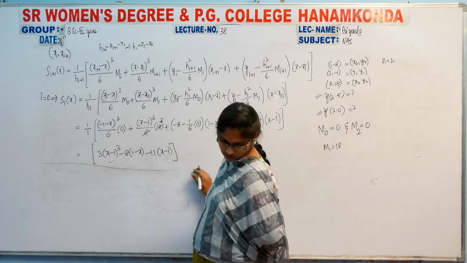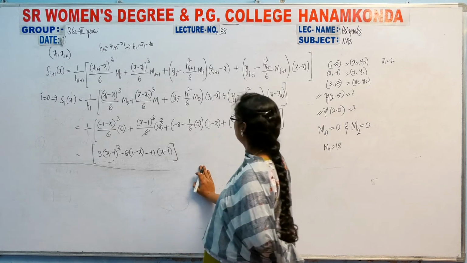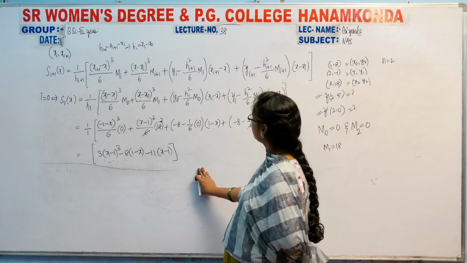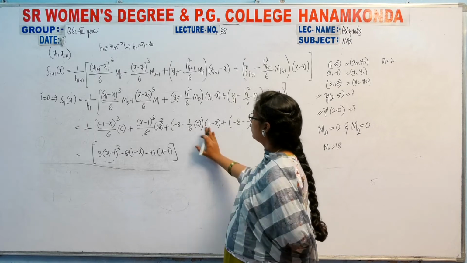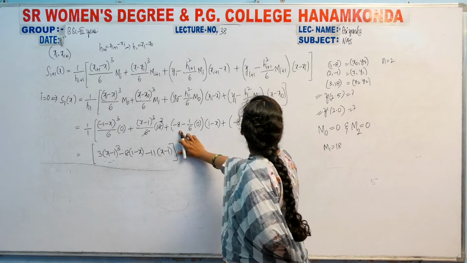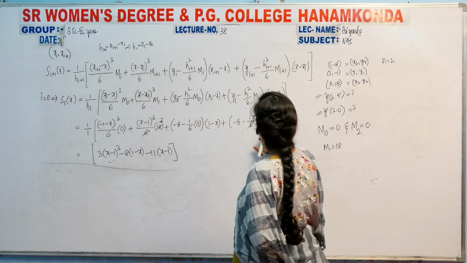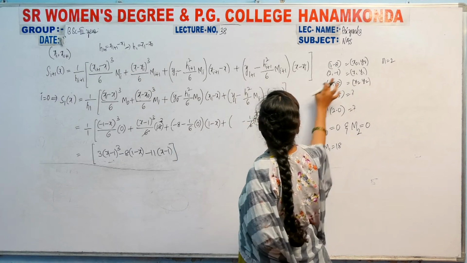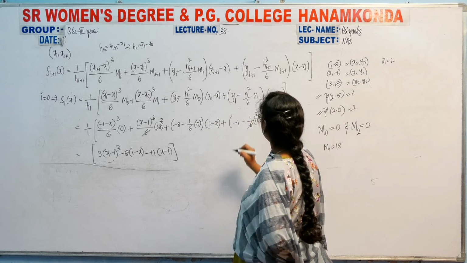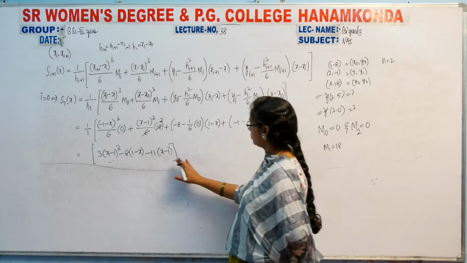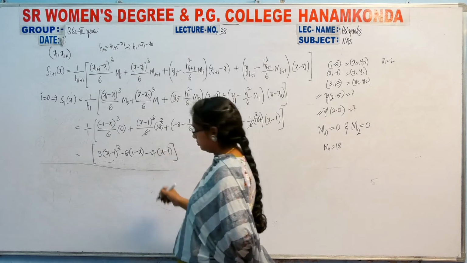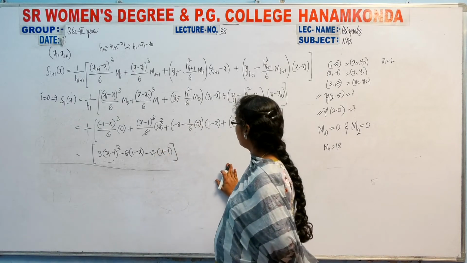S1 of x. So why not? Sorry, y1 is minus 1 now. y1 is minus 1, minus 4. Minus 4 into (x minus 1).